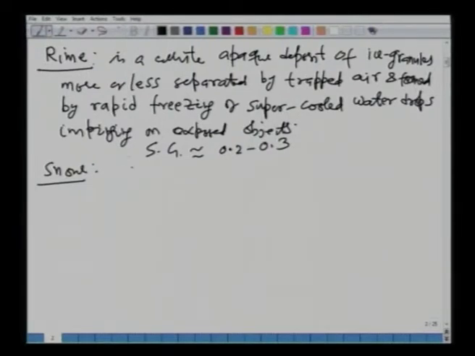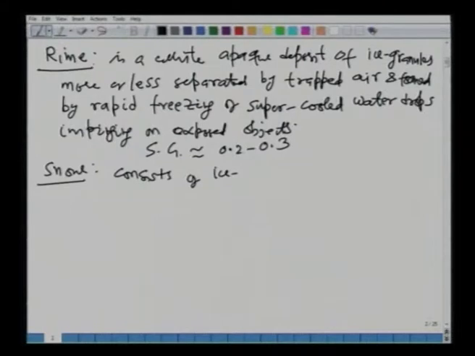I am sure all of you know or understand, or at least some of you may have seen, what snow is. Snow basically consists of ice crystals. So, it is a solid form of precipitation that is actually falling through the atmosphere.